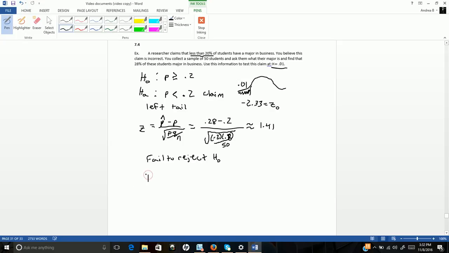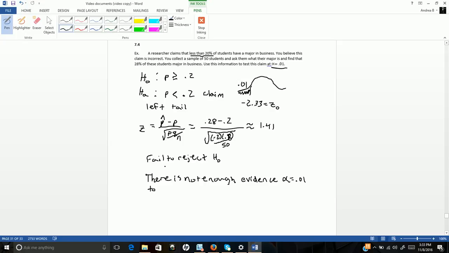So in this case, our statement here would be that there is not enough evidence at our alpha equals 0.01 level to, and then remember, the interpretation always needs to be in terms of the claim, what you're stating about the claim.